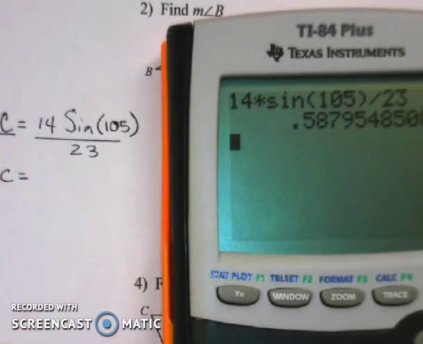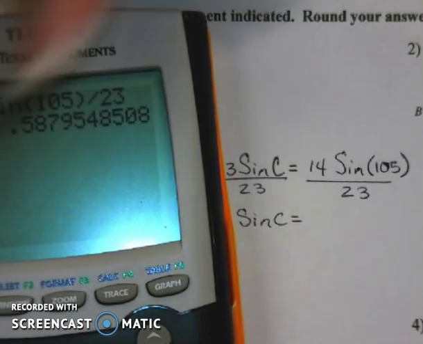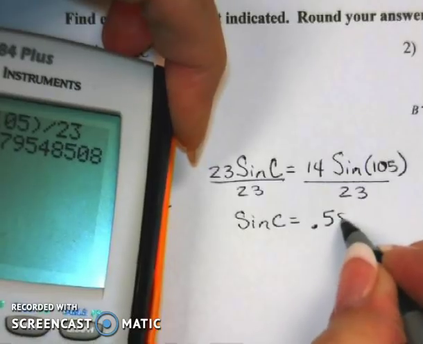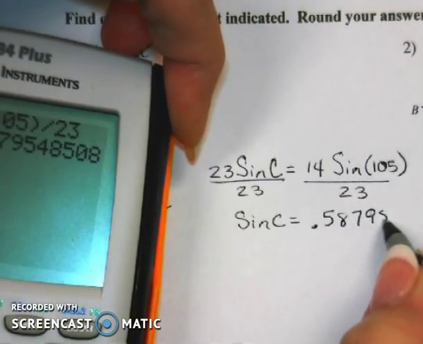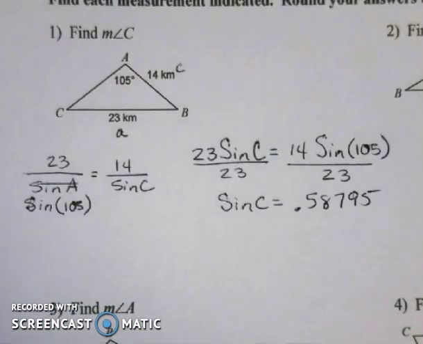And press enter. And I get 0.58795. Now I went 5 decimal places because I want to make sure I get a good value.